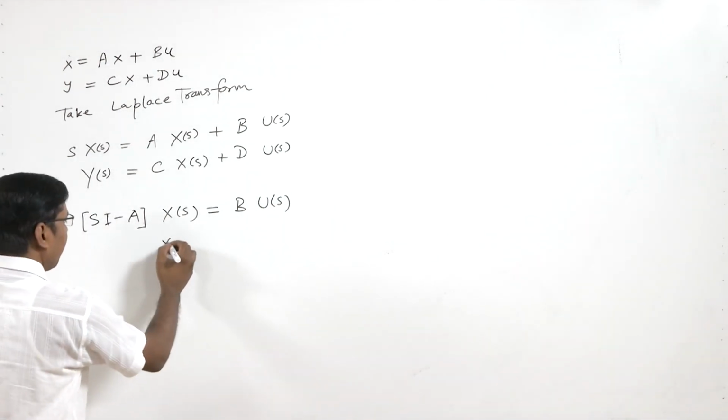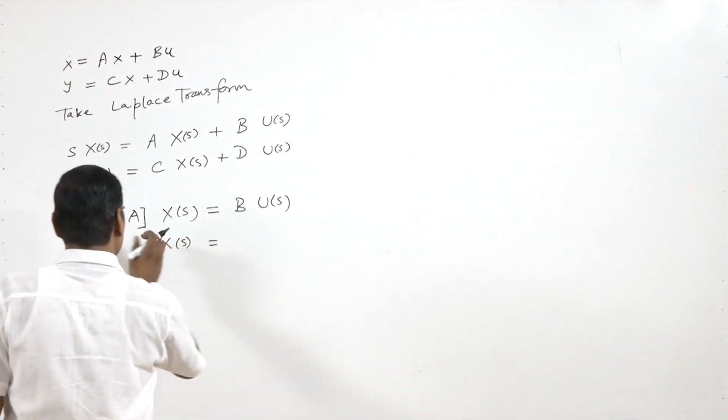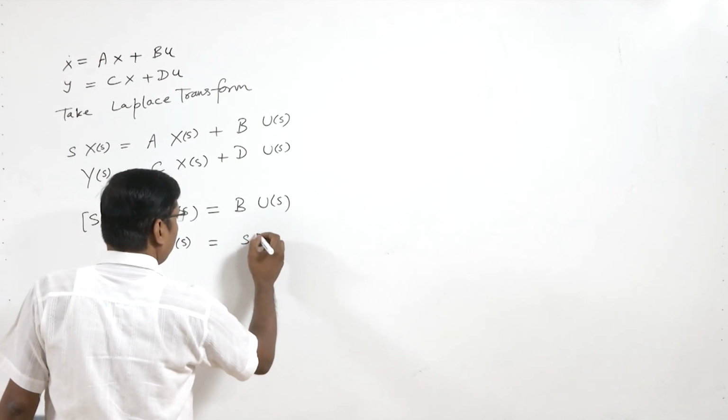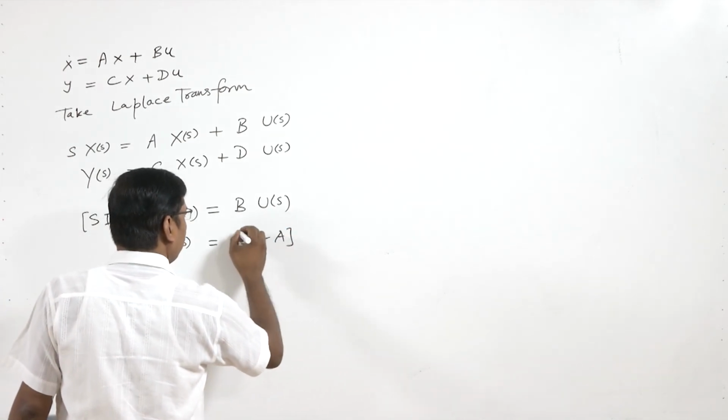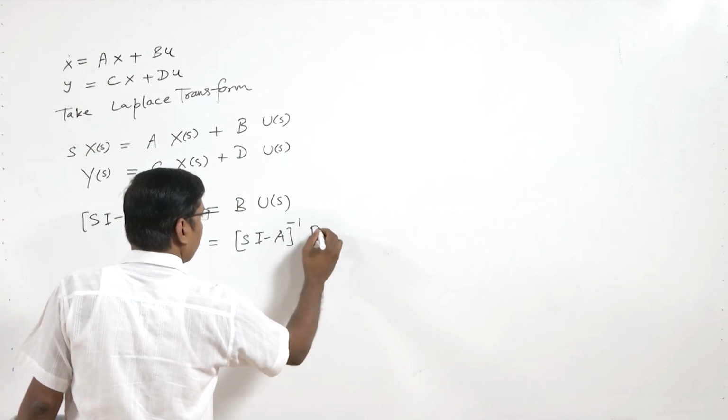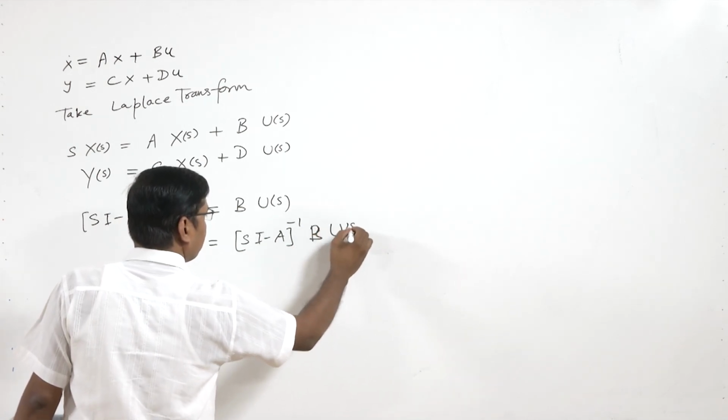So from here we can get X(s) equal to, so this is a matrix, (sI minus A) inverse into B into U(s).